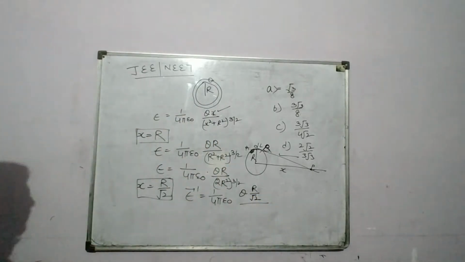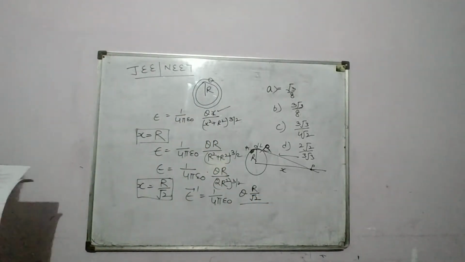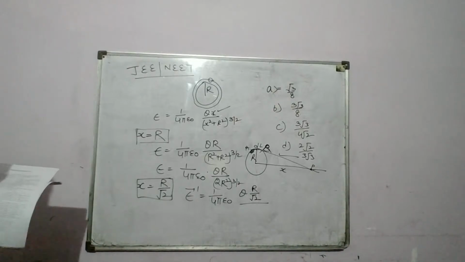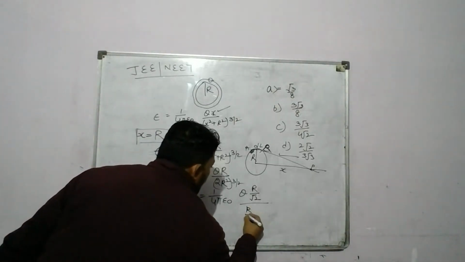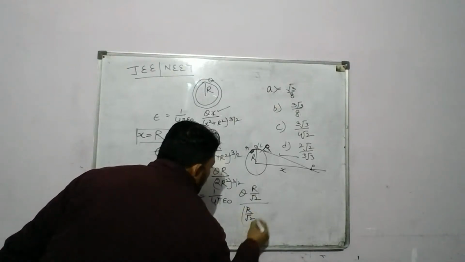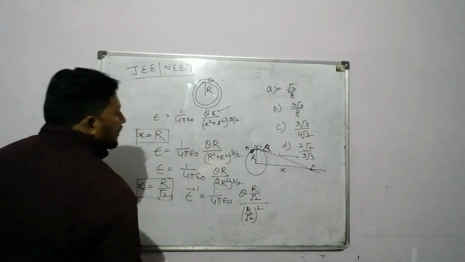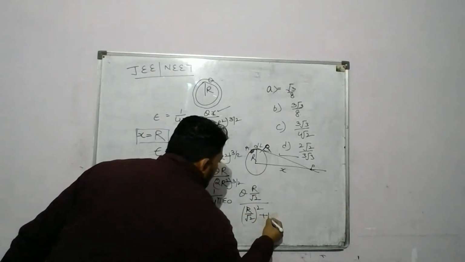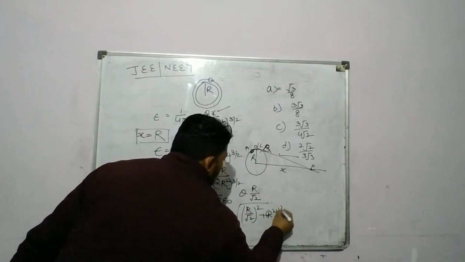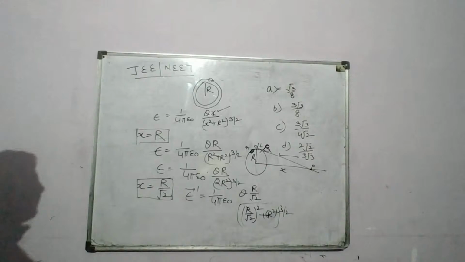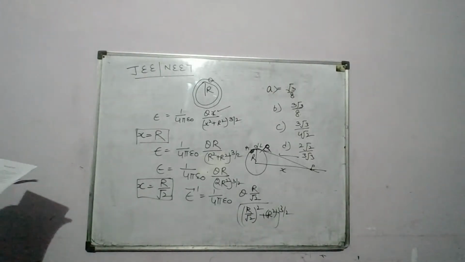This charge is given r by under root 2. It means r by under root 2, r by under root 2 whole square plus r square raised to power 3 by 2. Understand the concept?